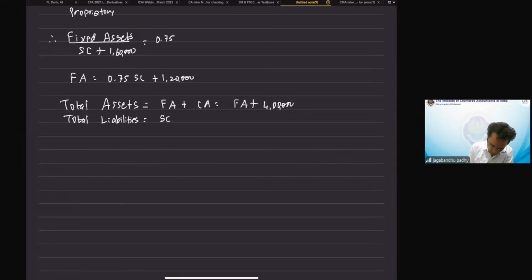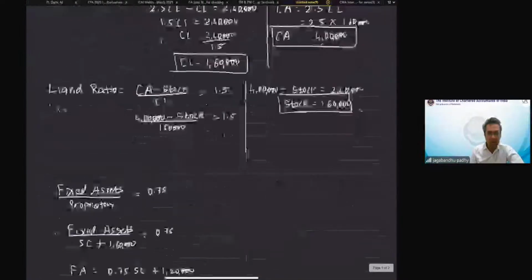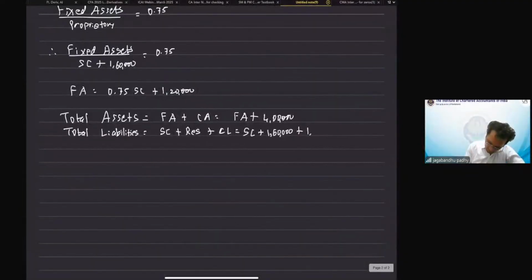Total liabilities are share capital plus reserves plus current liabilities. We don't know the share capital figure, but we know the reserves are 1,60,000, plus current liability, also computed already, of 1,60,000. This totals to share capital plus 3,20,000.